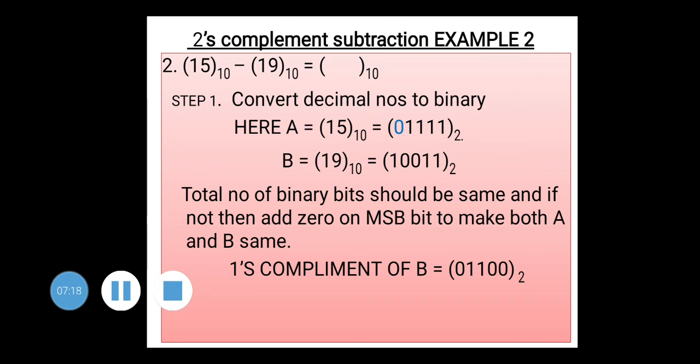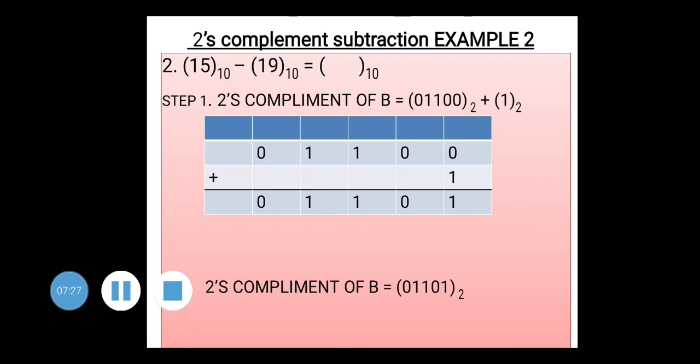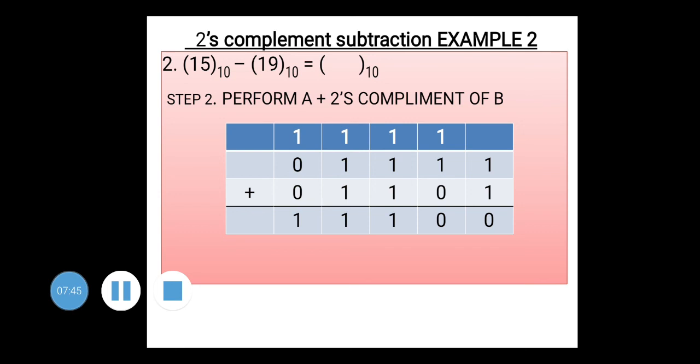After this, find the 1's complement of B. You get 01100, and then add binary 1 to find the 2's complement of B. The addition is shown here, and the final answer is 01101. After getting the 2's complement of B, you add A and the 2's complement of B as shown here.